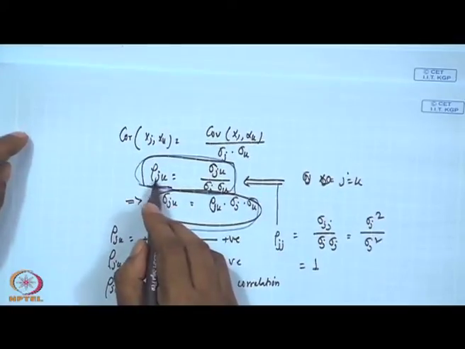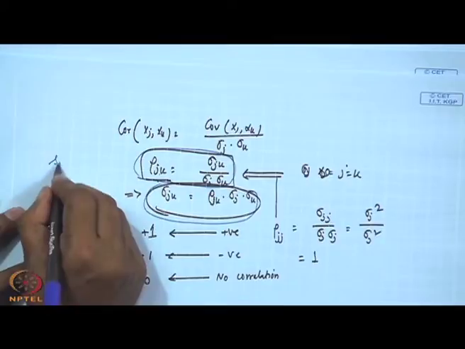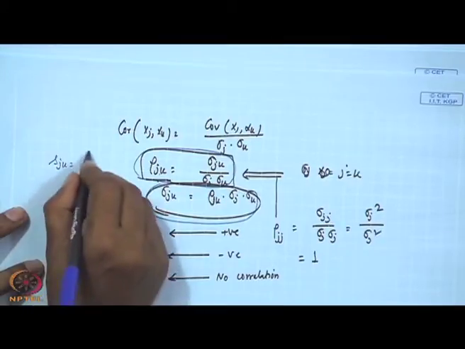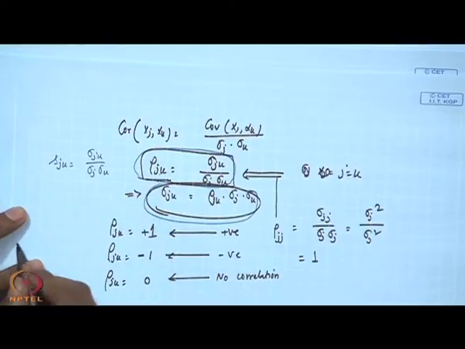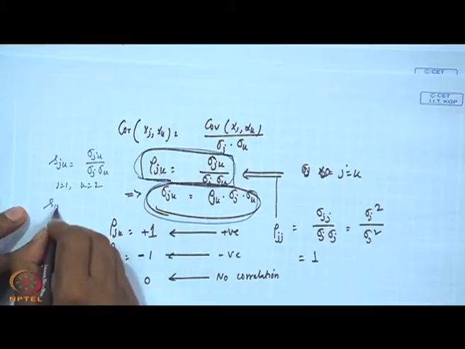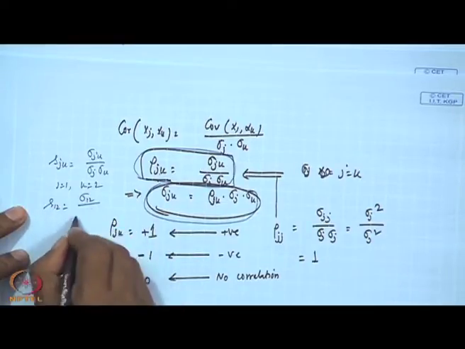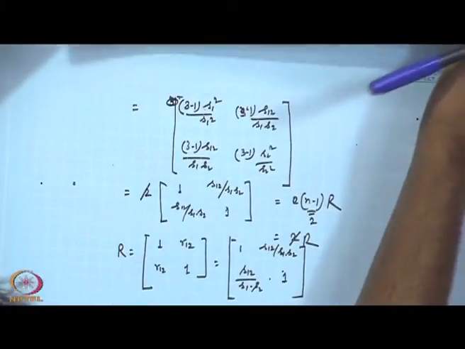Now, instead of rho in the sample domain, you can write rho jk equal to sigma jk by sigma j sigma k. Now, if j equal to 1 and k equal to 2, then it is rho 12 equal to sigma 12 by sigma 1 sigma 2. What exactly happened here?